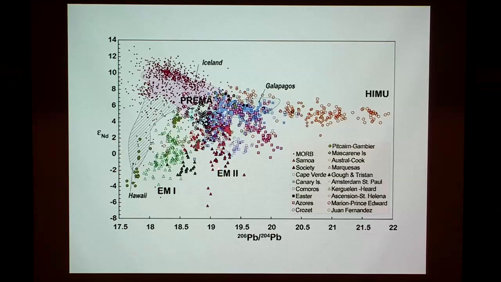In Samoa, there are a number of different islands and seamounts that have been sampled, and those individual volcanoes tend to be a lot more homogeneous than this whole array. Most of the variation is between volcanoes in an island chain. I guess that's the best way to explain it.